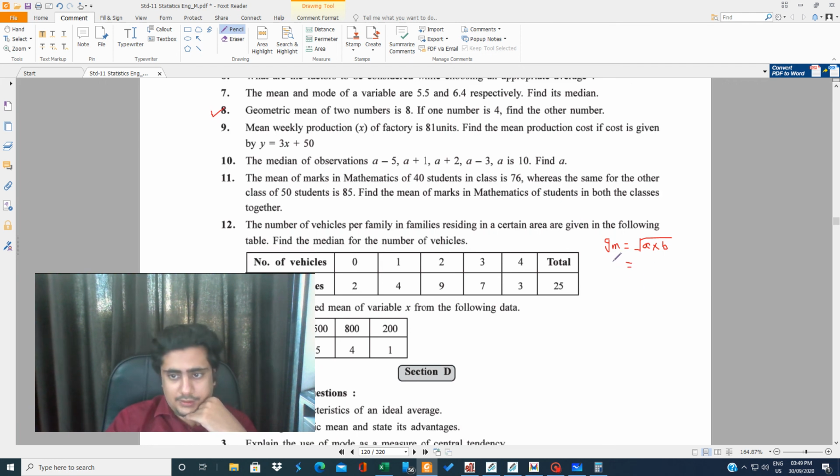You are already having answer. The geometric mean of two numbers is 8. One number is 4. Find the other number. You can see how can I find the other number. It's just 8 square.